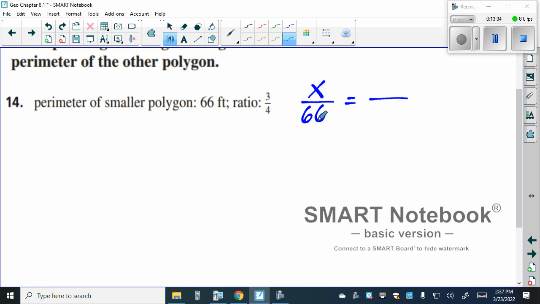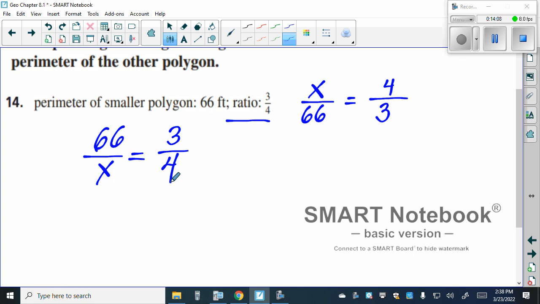Yes, because as we talked about yesterday, whenever we're going from smaller to bigger, our scale factor should be greater than 1 because the number should be getting bigger. And they told us the ratio is what? 3 over 4. So this isn't going from smaller to bigger, it's going from bigger to smaller, so to go the other way, we would take it and flip it. Because as it's set up as 3/4, we're really looking at the equation of 66 over x is equal to 3 over 4.